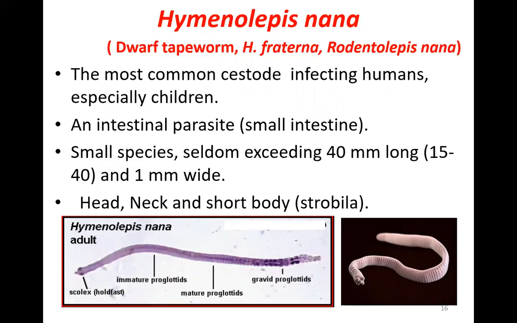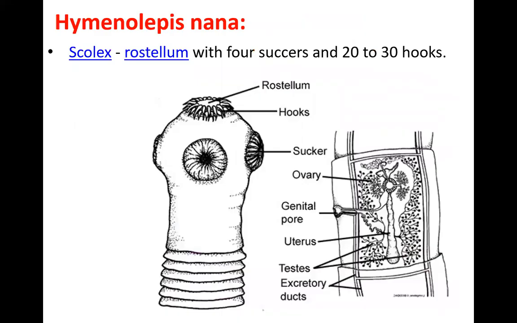There are three portions of this parasite, that is head, neck, and the body, which is called strobila. About the structure of Hymenolepis nana, the scolex portion bears 4 suckers, and on the rostrum, that is the most anterior portion of the head, hooks are also present.